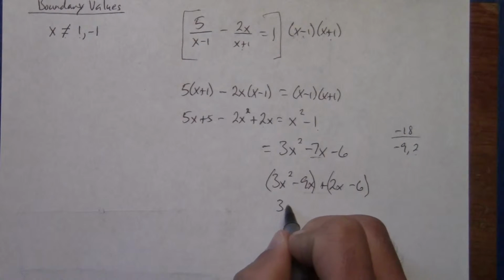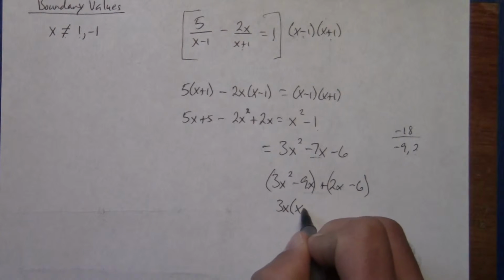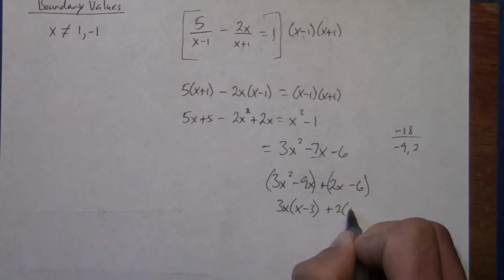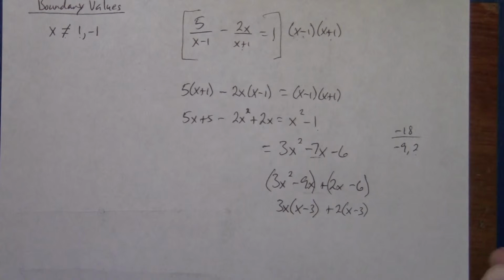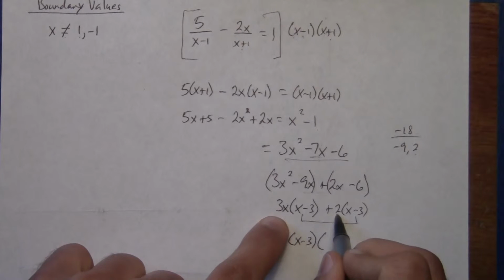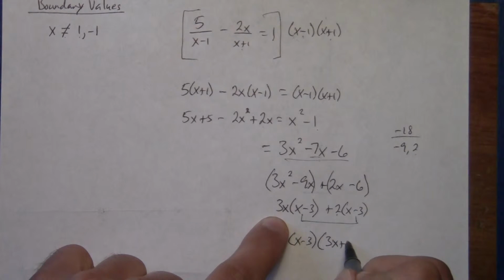Factor out the 3x that they have in common, and that leaves me with x minus 3. Factor out the 2 that this set of parentheses has in common, that leaves me with x minus 3. And then they both have x minus 3 in common, so my final factored answer of this would be x minus 3 times the two things that got factored out, 3x plus 2.